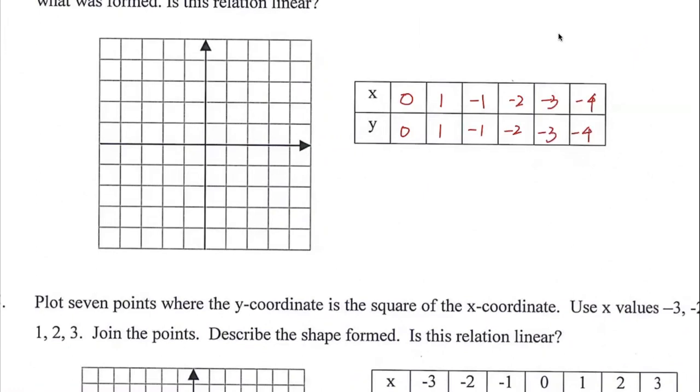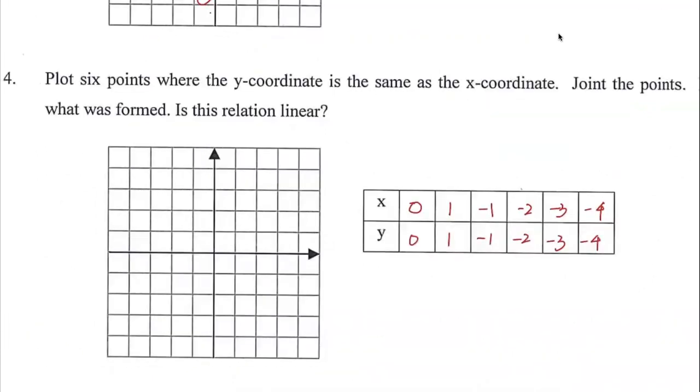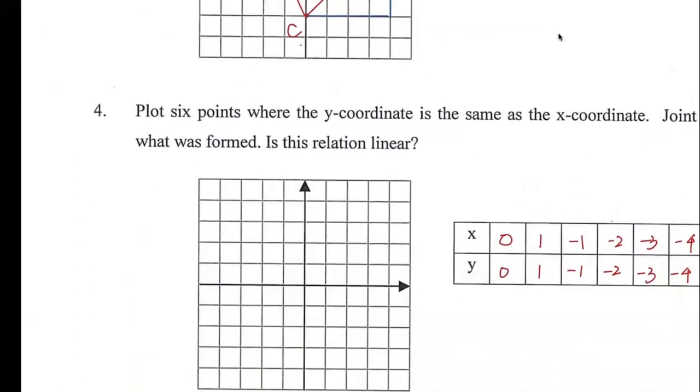Okay. If you see enough questions about linear relation, this is not even a question for you, because this is one of the most common linear relations. This is y is equal to x.